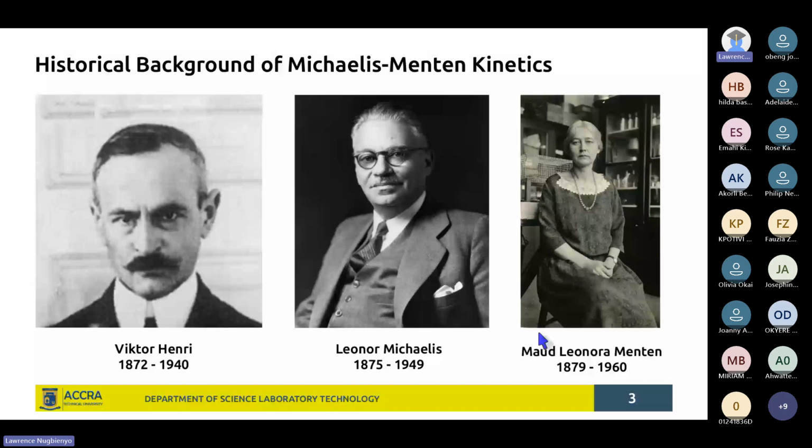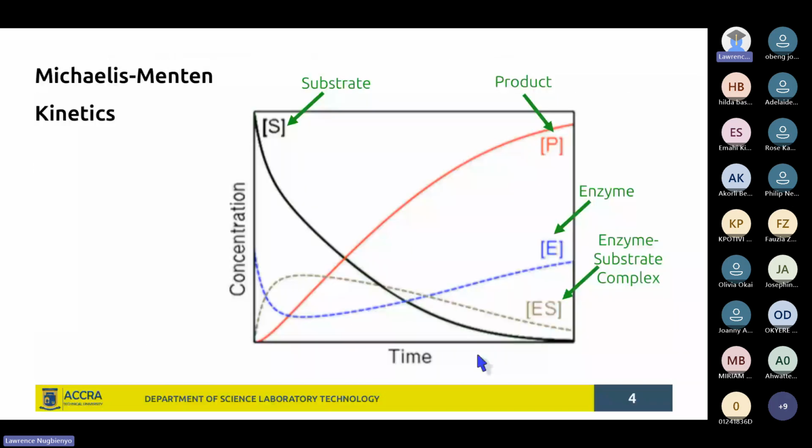Right, we can move on now to look at the Michaelis-Menten kinetics in much more detail. Just like we saw those curves in our last lecture, here you are seeing a representation of the dependence of concentration of different things, like concentration of substrates, concentration of product, concentration of enzyme, concentration of the enzyme-substrate complex, all of these with time.